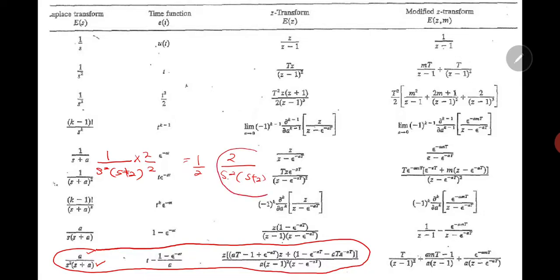This part is in the same format, so we can use this equation. Our a now is 2, our T now is 0.2. So we have to substitute a is 2 and T is 0.2.